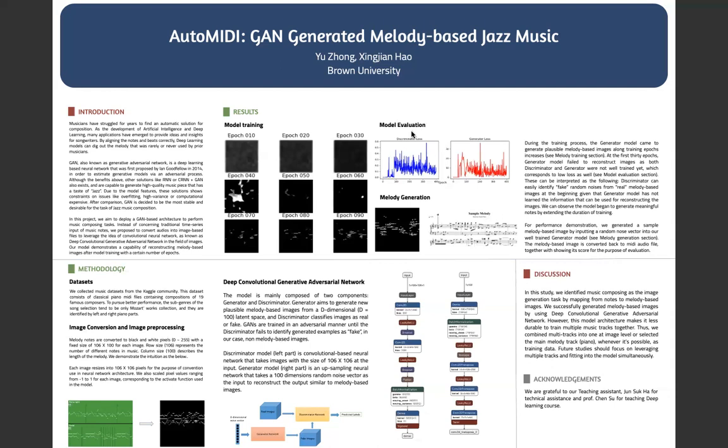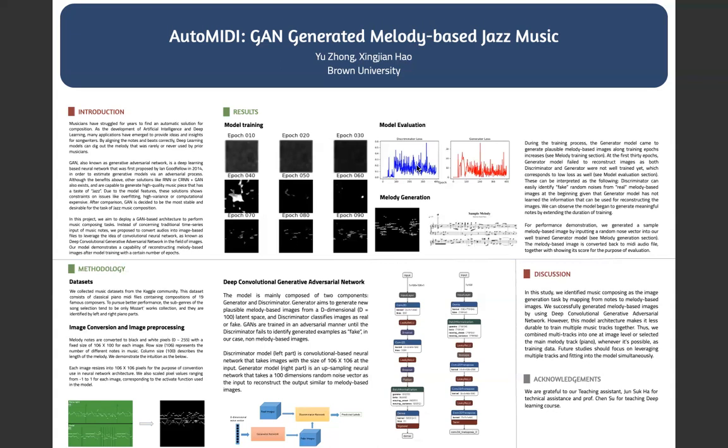And for the model evaluation, we also plotted the discriminator loss and generator loss versus epochs here. And you will notice that at the very beginning of our training process, the discriminator loss is pretty low.